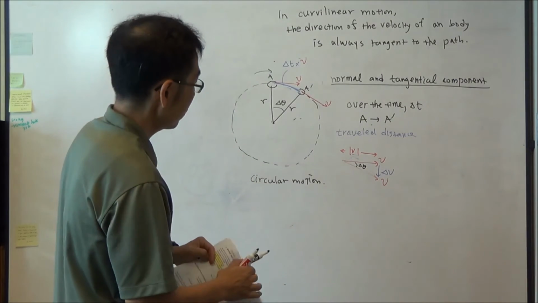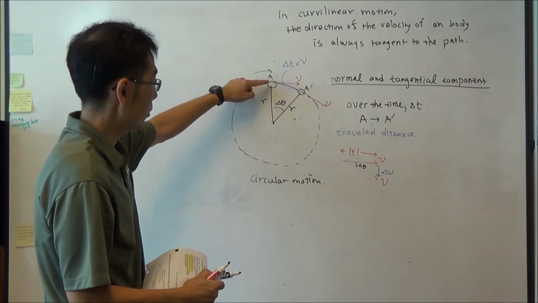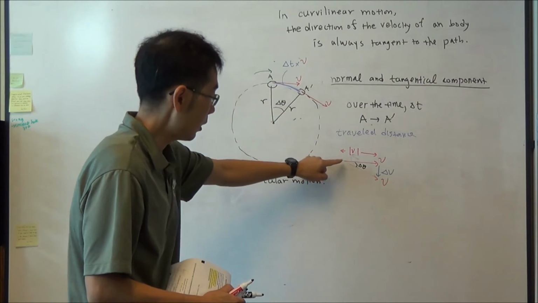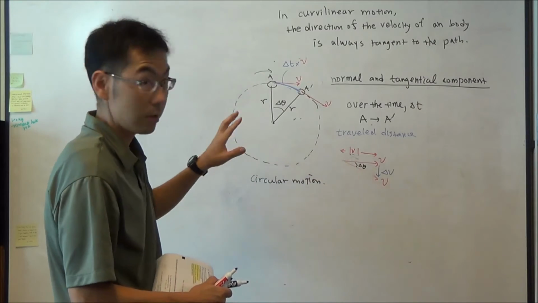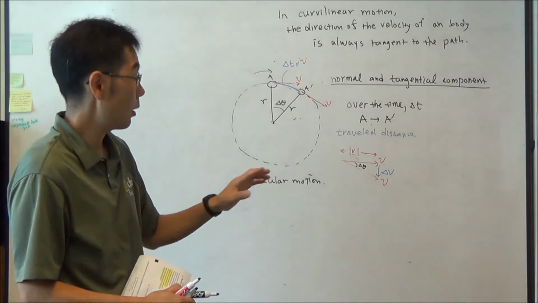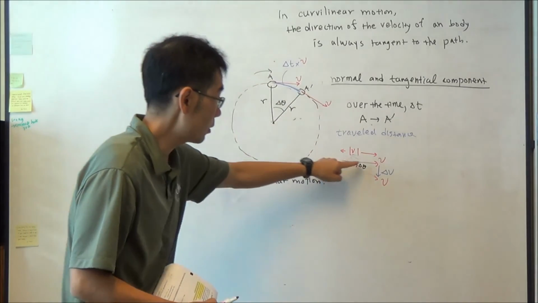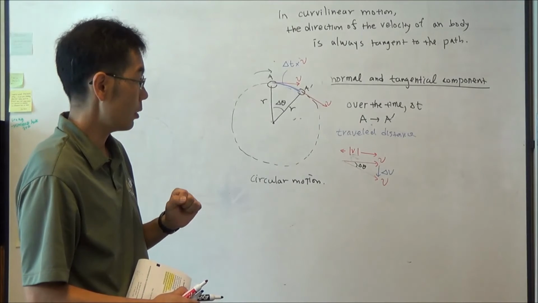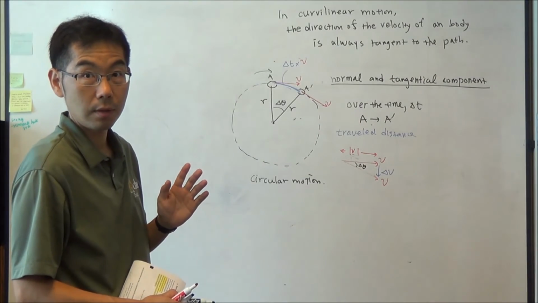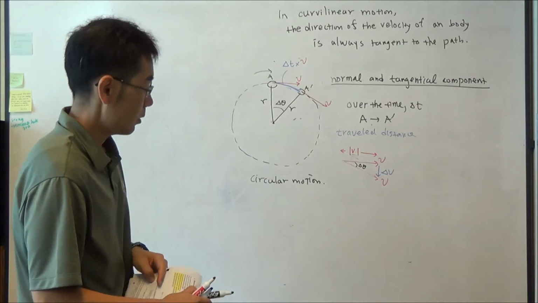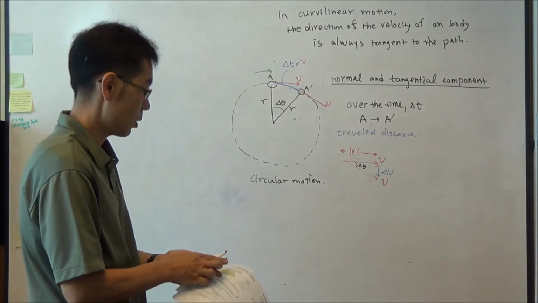Then if you look at the two triangles, one triangle is this one, and the other triangle is this one. I made two triangles and I want to compare them. These two triangles have different sizes, but they are similar. The angle is the same, right? So we can make a simple ratio.